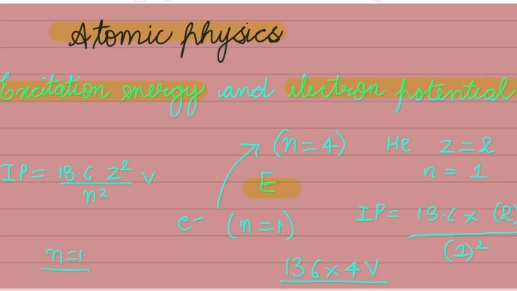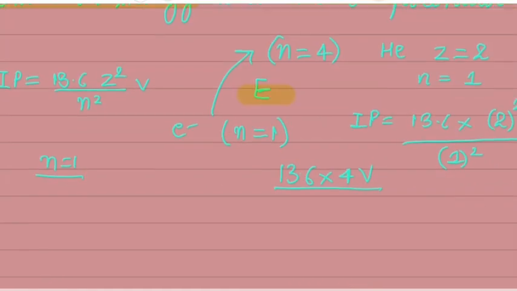Now let us discuss further de Broglie's explanation of Bohr's second postulate. We know the meaning of angular momentum. Angular momentum L equals mvr equals nh upon 2 pi.